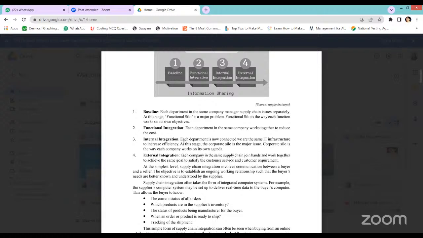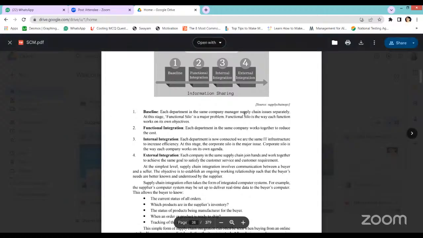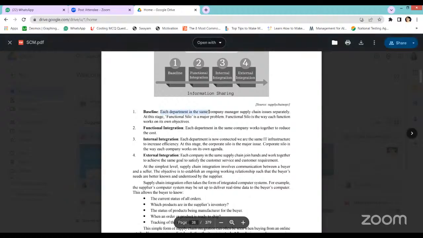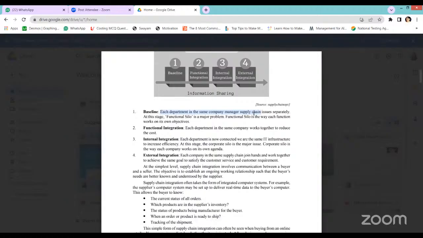Then functional integration, each department in the same company works together to reduce the cost. Each department in the same company manages supply chain issues separately. So here baseline is what? Each department, every department will have one manager to handle the supply chain issues separately. So he will work on his own functions.